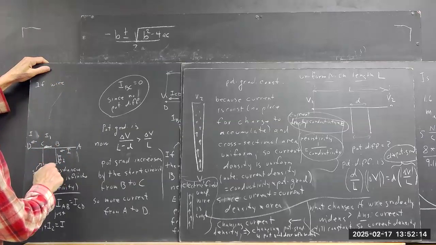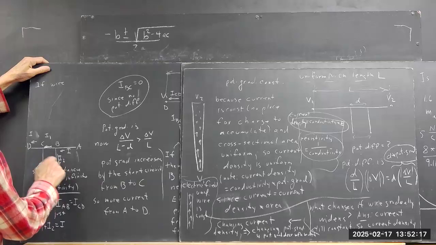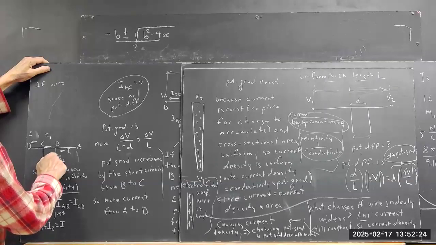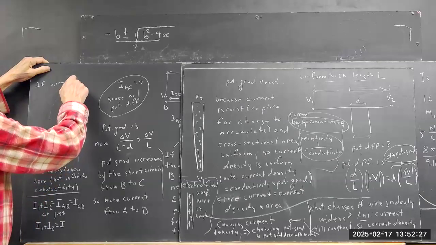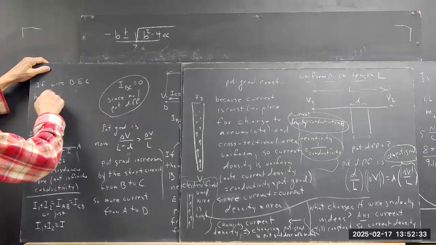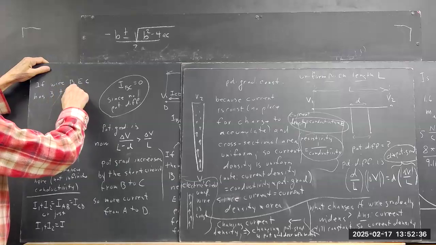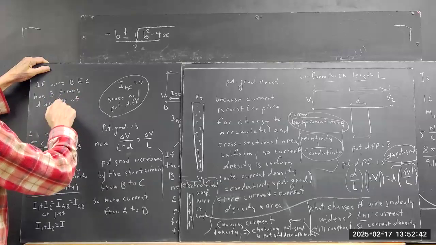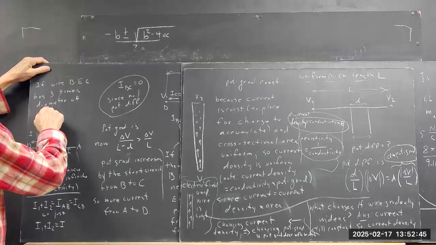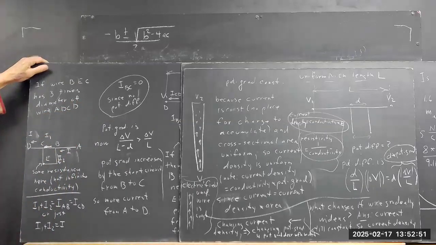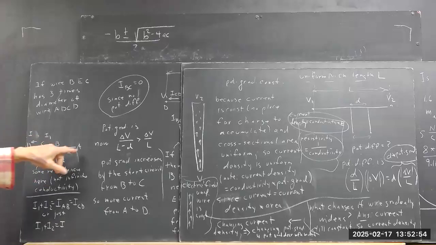I guess I do need another point here. I'll just call this point E. So the wire BEC goes B to E to C, and A, B, C, D is the straight wire.